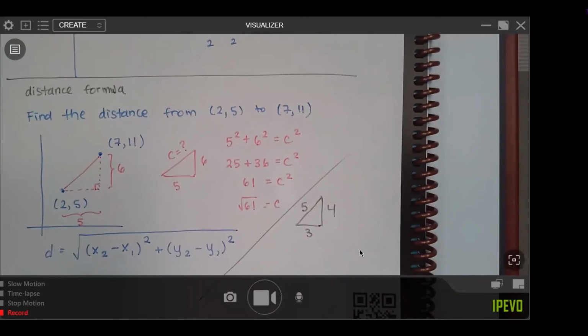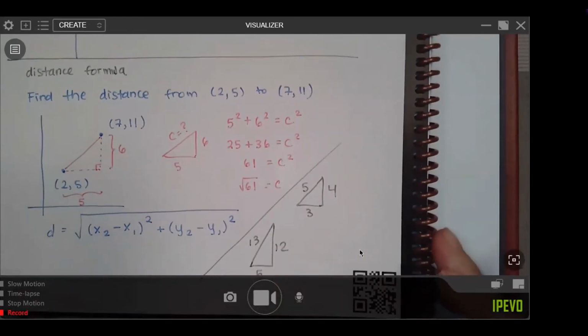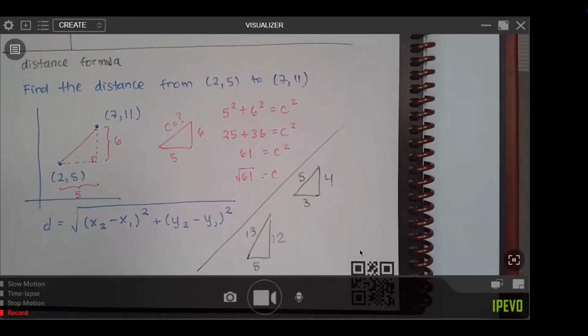The other one that comes up still fairly often is a 5, 12, 13. So I'm just planting the seed now that if you're doing one of these problems and you've got sides of 5 and 12, 13 is that third side.